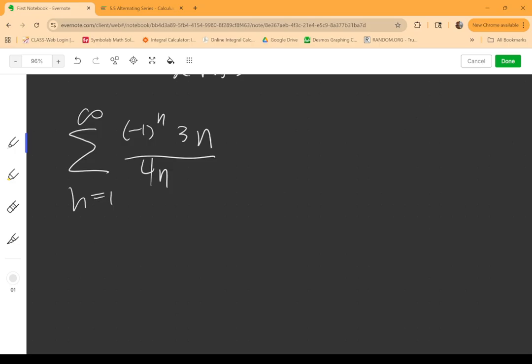So now let's take a look at this. That's 3n, not 3 to the n. Now right away when I see this, I look at the limit again of the non-alternating part.